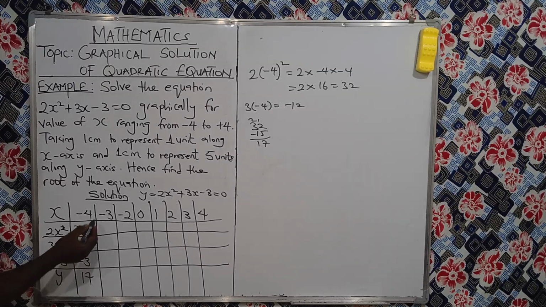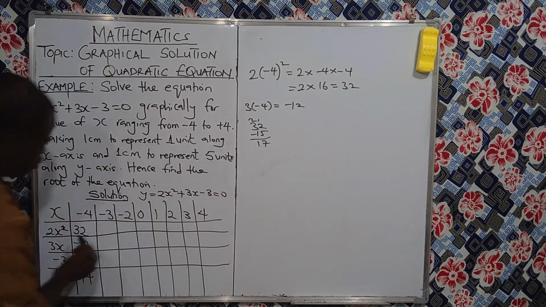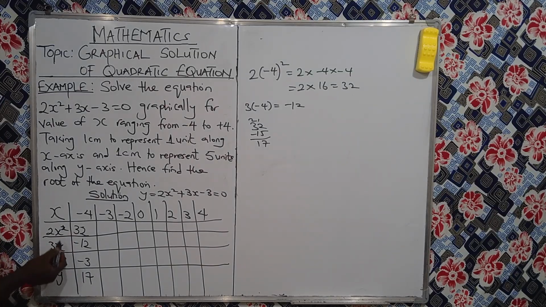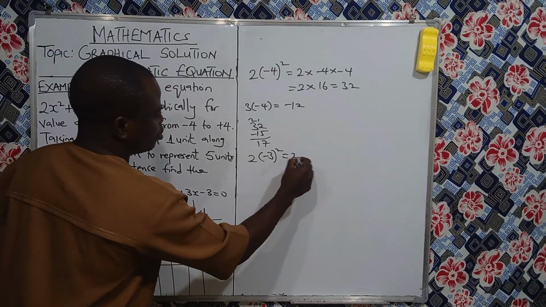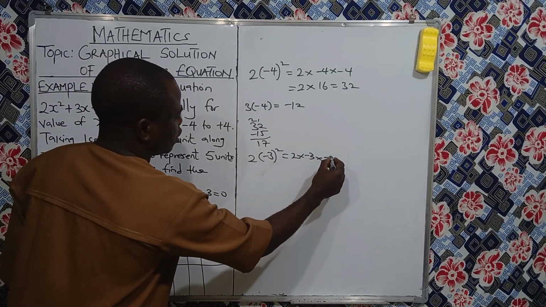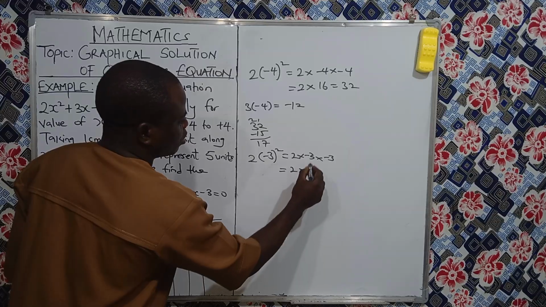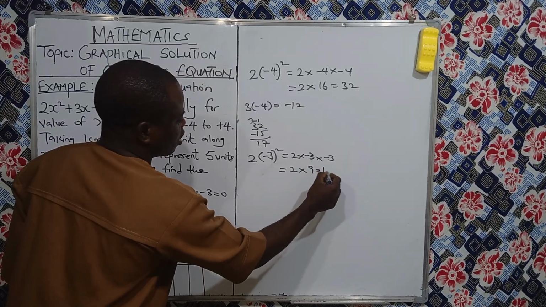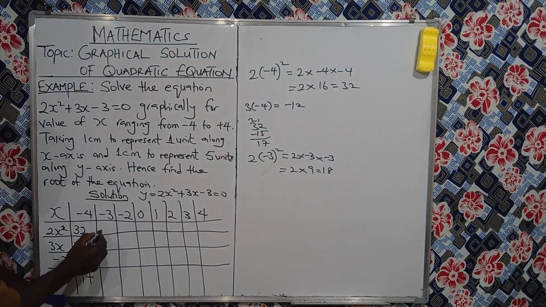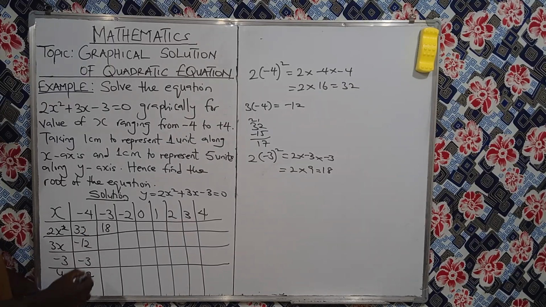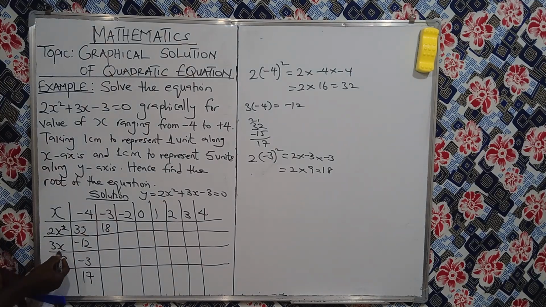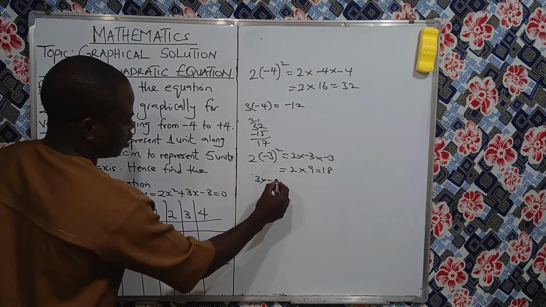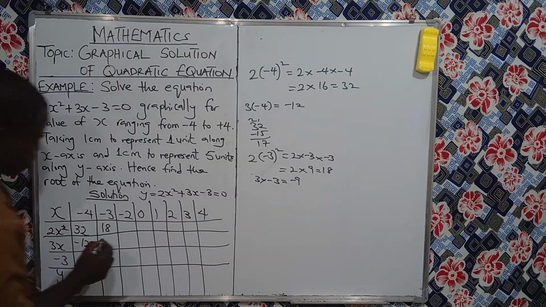Now let's come to this. When x is minus 3, now substitute your minus 3 into where you have x. 2 into minus 3 squared, which is 2 times minus 3 times minus 3, that's 9. 2 times 9, 18. We are having 18 here. The next one, 3 times minus 3, we have minus 9.